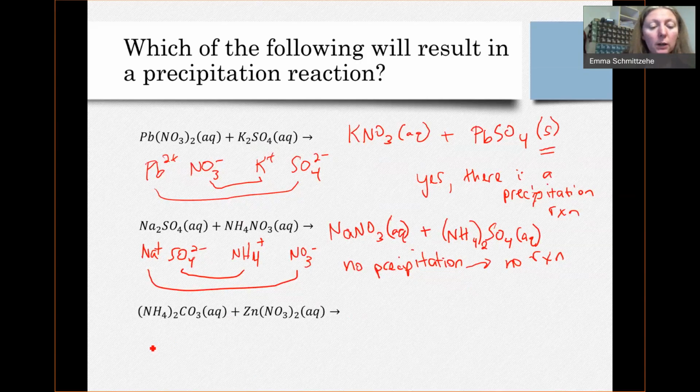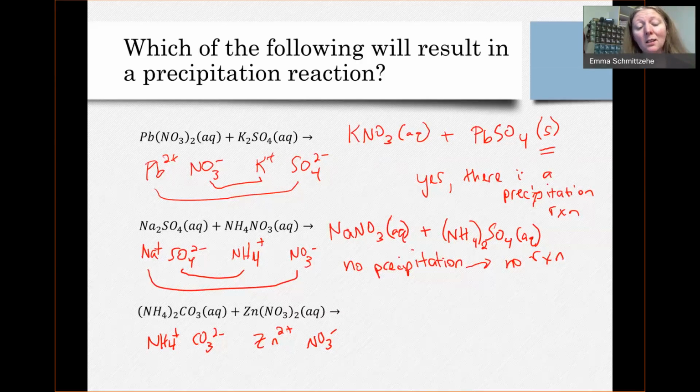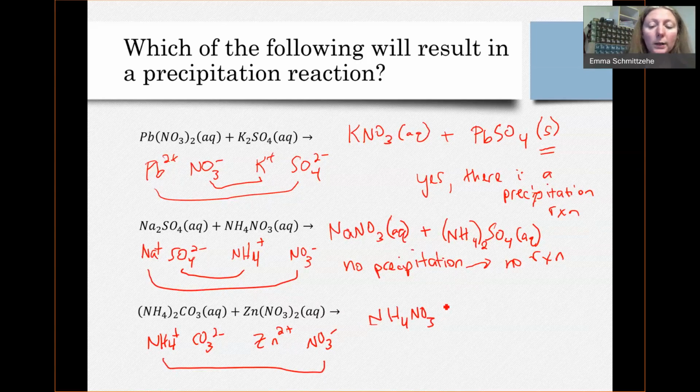Now this last one, we've got NH4+, CO3 2-, and then we have Zn2+, and NO3-. I know I'm starting to go through these faster, but you've got to get the hang of it. You've got to be able to break the compounds down into ions, and swap partners, so the NH4+ with the NO3-. If you look those up on the solubility rules, you'll see both of them are always soluble, so this would be aqueous.